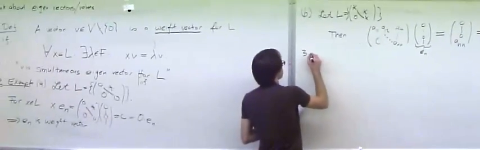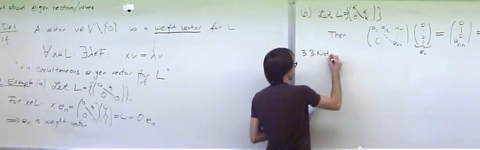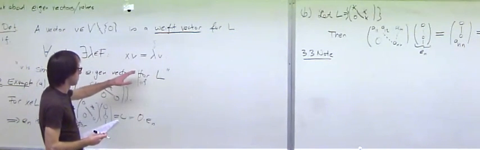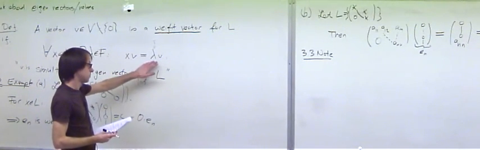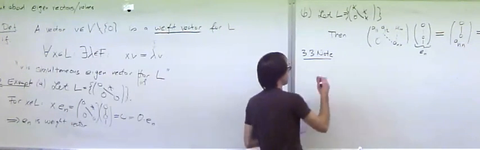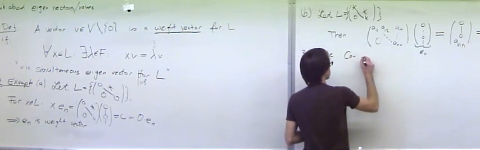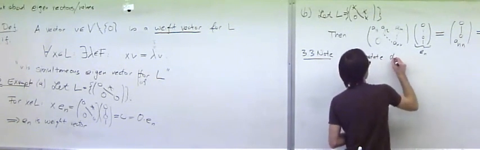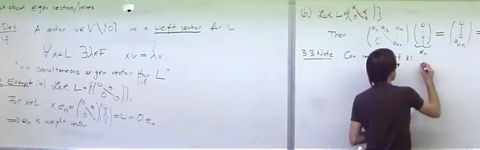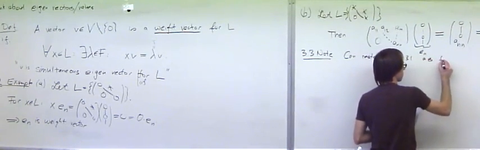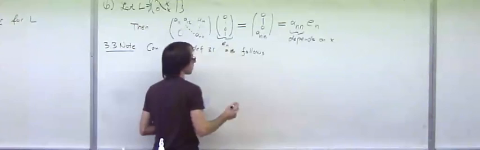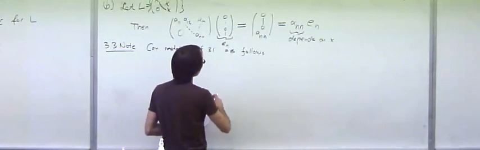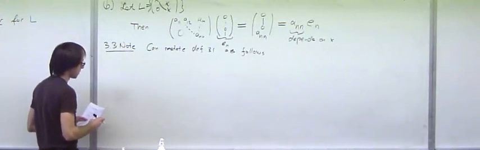And in fact, it's usually a good idea to restate this definition as follows, so that the dependence on the matrix X becomes apparent.